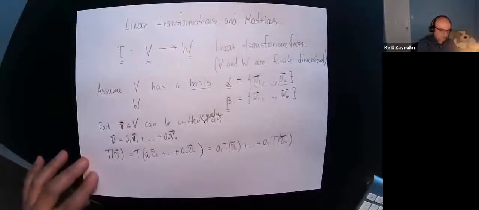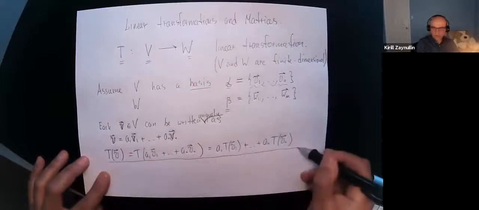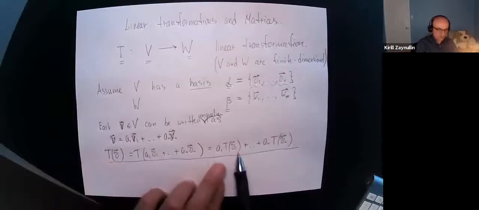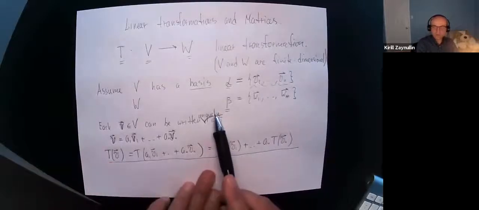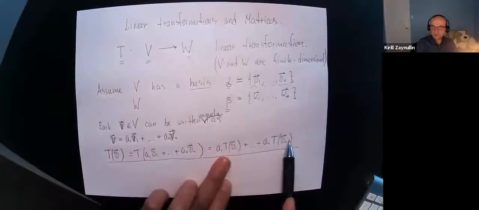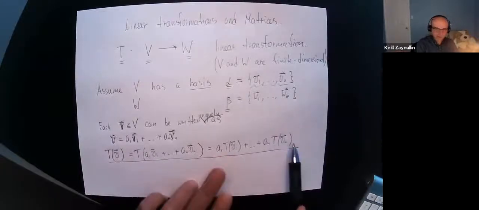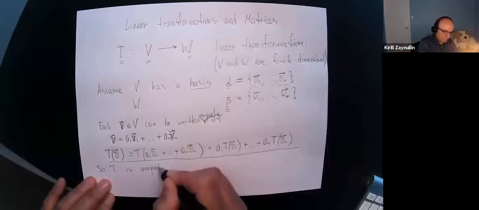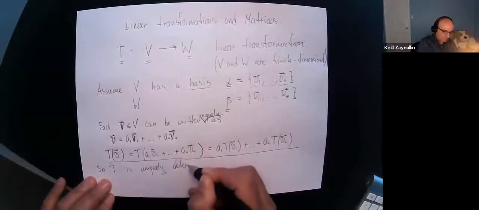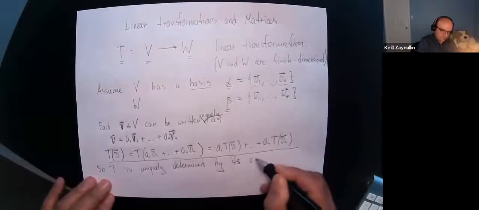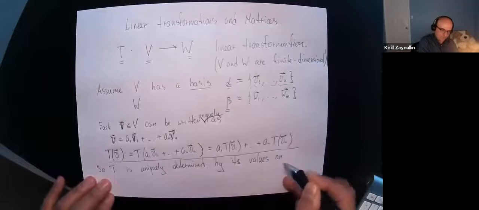So what does it mean? What does it tell us? It tells us that any linear transformation T is uniquely determined by its values on the basis vectors.